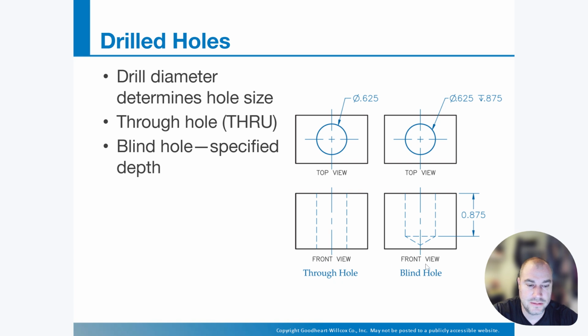Boom. You got your front view of a blind hole. Okay, your depth, once again, that's the depth symbol up here. Your depth is 0.875 inches, and it's going to be a blind hole because you're not going all the way through. Okay, you have a specified depth for a blind hole.